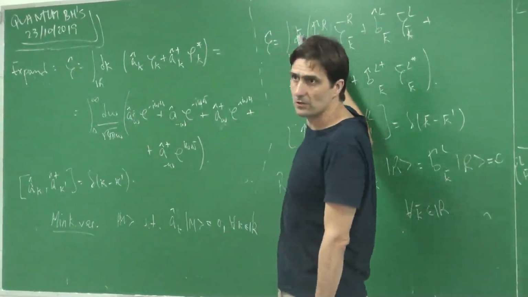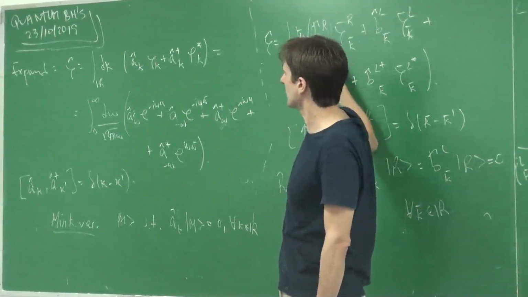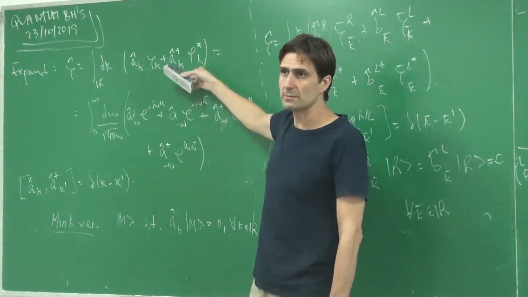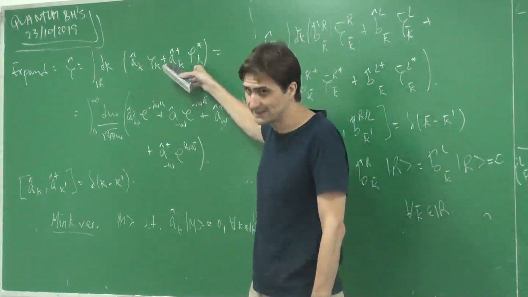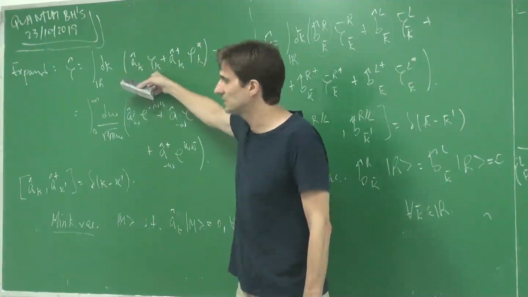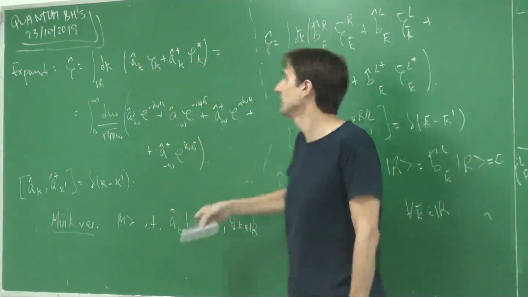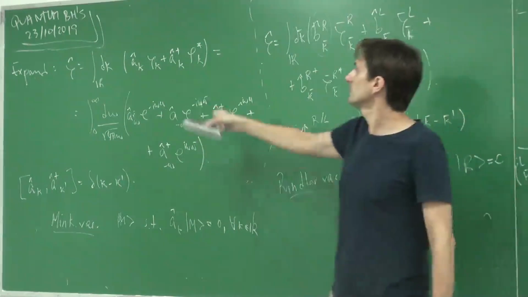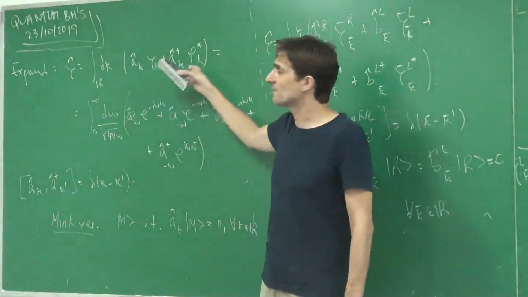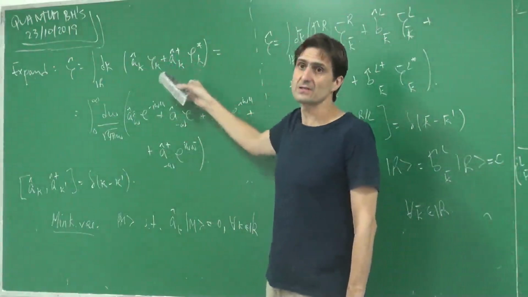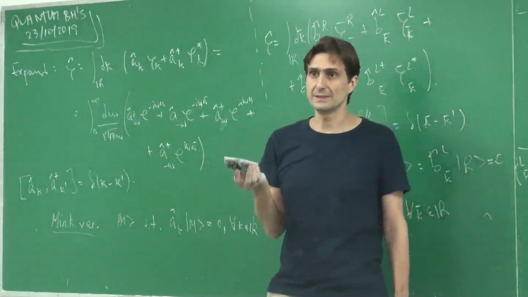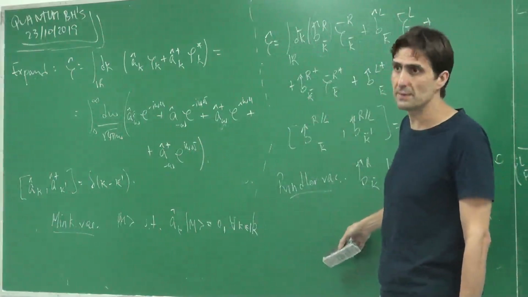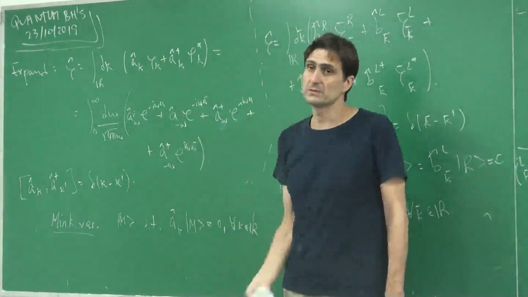If the positive frequency modes with respect to d/d eta contain, when expressed as a linear combination of the phi k's and phi k stars, any phi k stars, any negative frequency modes with respect to d/dt, then the vacuum that corresponds to these modes, the Rindler vacuum, is not going to be the same as the Minkowski vacuum, the vacuum with respect to d/dt.